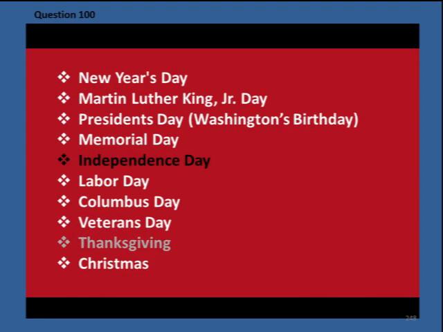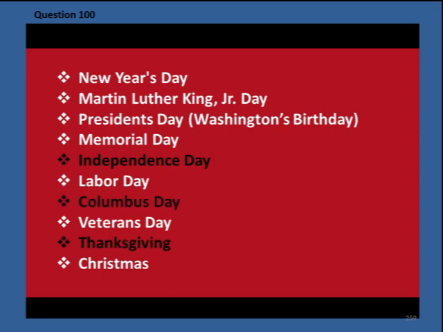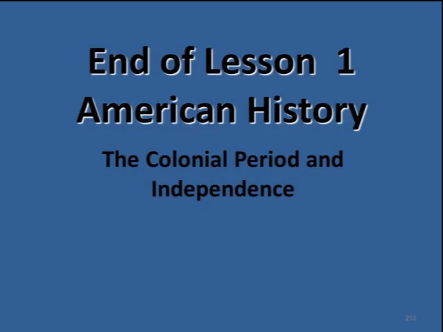Independence Day and Thanksgiving. Independence Day and Thanksgiving are two of the national U.S. holidays from this lesson. The other holiday from this lesson is Columbus Day. Other holidays will be discussed in later lessons. This is the end of Lesson 1.